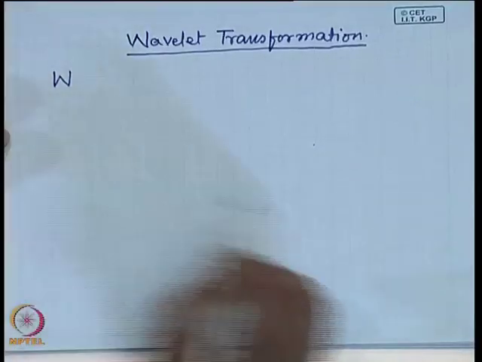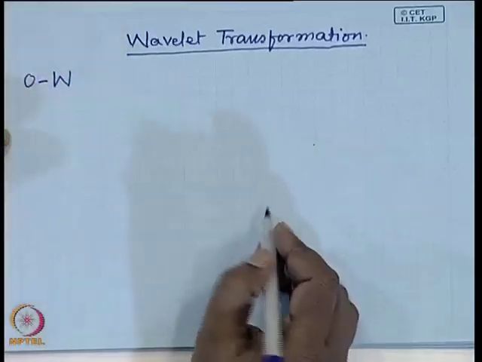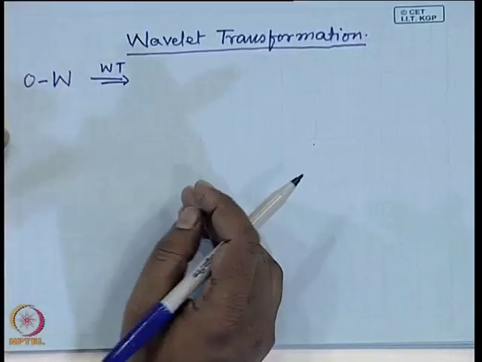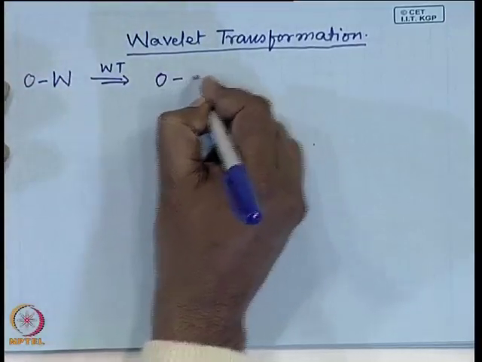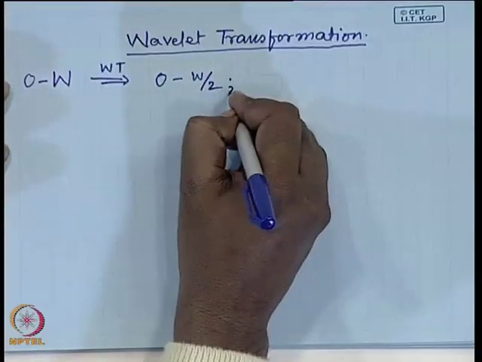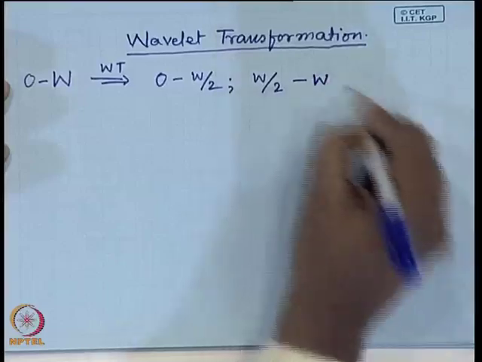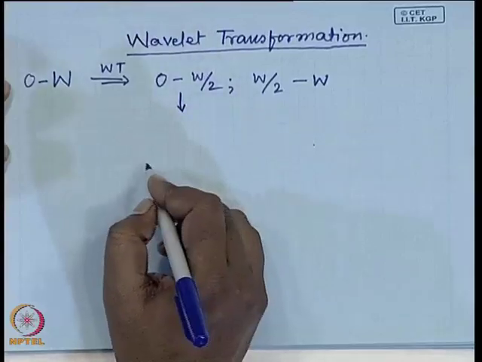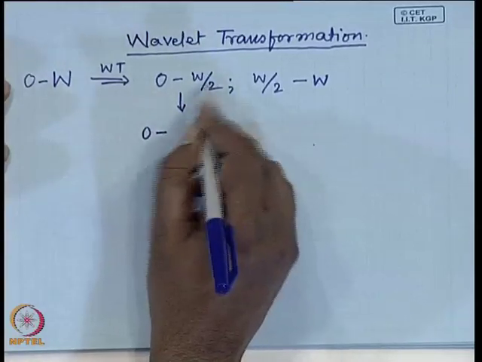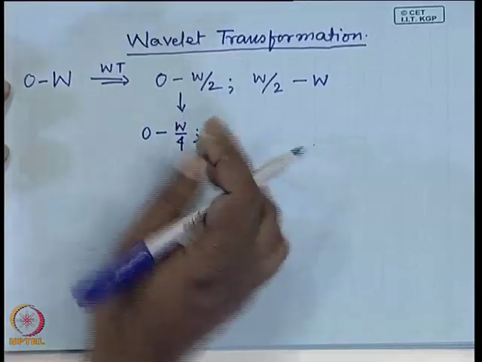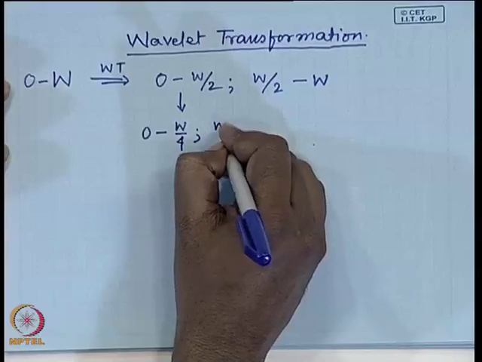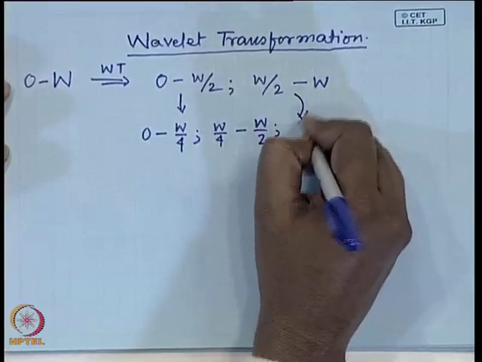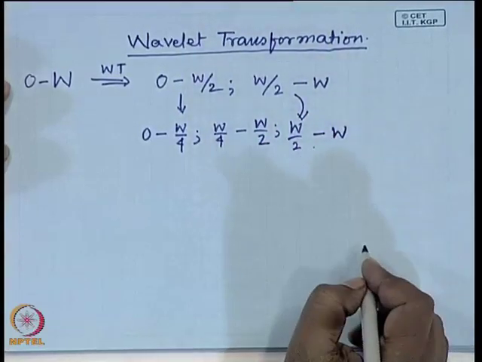It breaks this bandwidth into two sub bands: one is 0 to W by 2, and the other sub band is W by 2 to W. When I continue further, this 0 to W by 2 is converted into 0 to W by 4, half of this, and the other subband is W by 4 to W by 2, while W by 2 to W is retained.